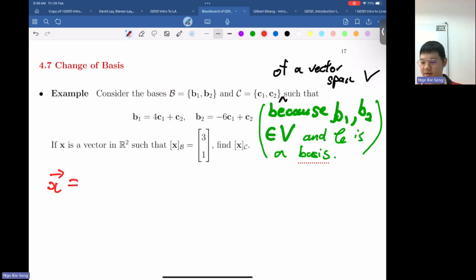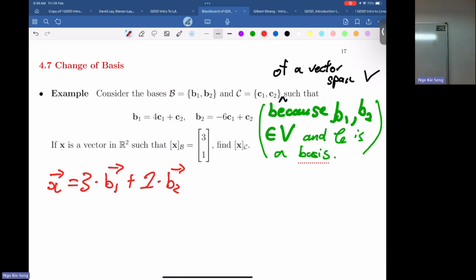X equals 3 times B1 plus 1 times B2. But now you want to find the scalars if you're going to express in terms of C1 and C2. Can you go from B to C or not? You can, right? Because these two equations tell you what B is in C1, C2. So we just substitute.